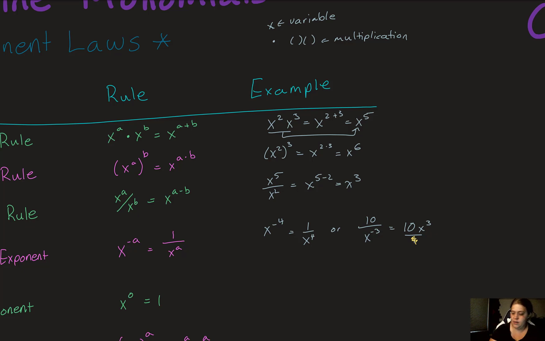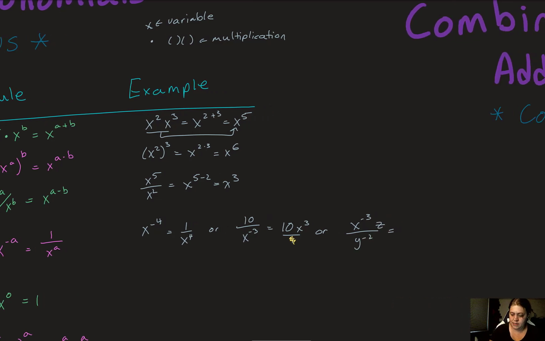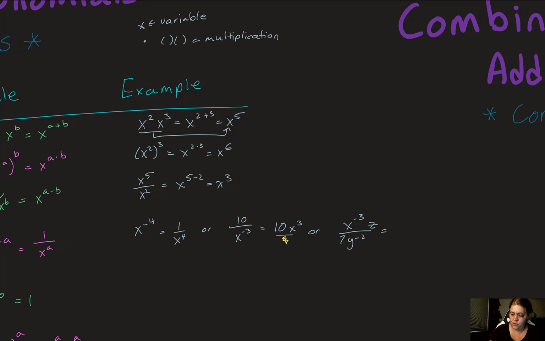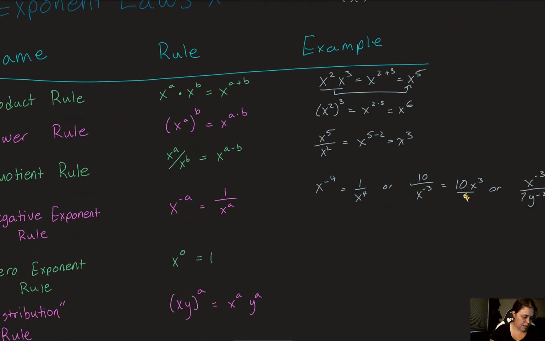Another way that sometimes gets people a little confused is if you have x to the negative 3 over y to the negative 2, with a z up there, and 7 down here. The z and the 7 stay still, x cubed comes here, y squared goes there, and everybody's all happy, hunky-dory.